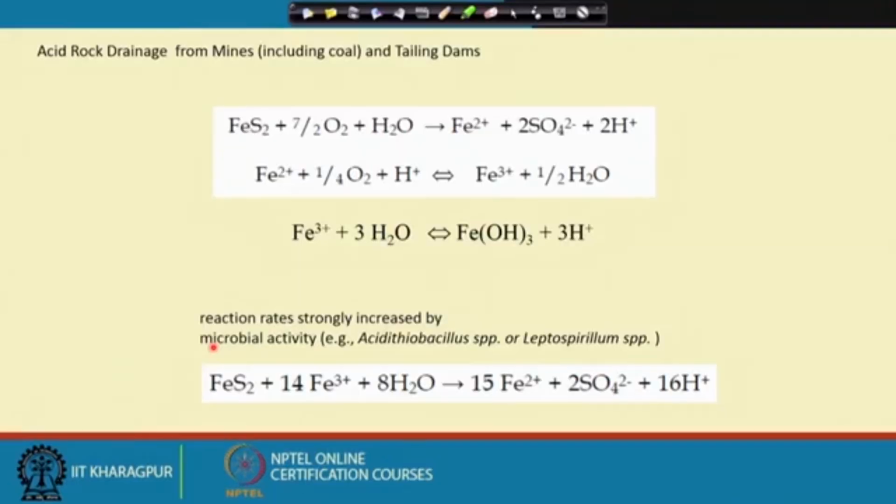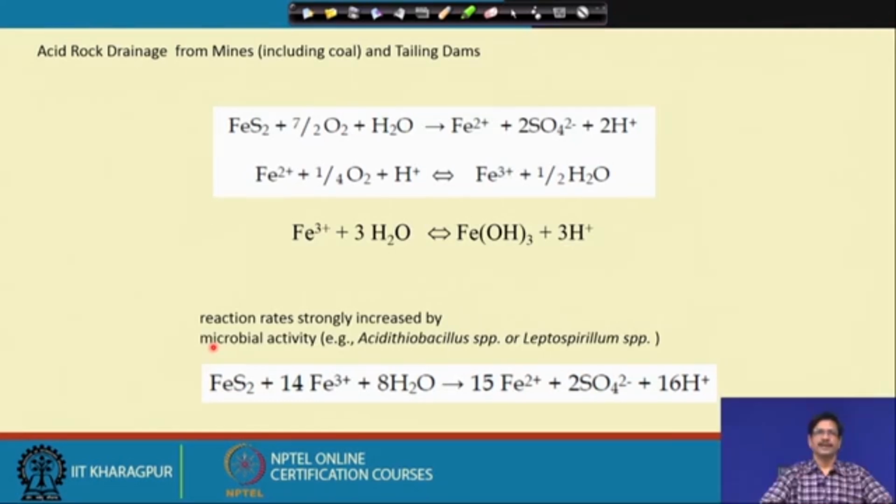In that process, the environment is affected by a process known as acid rock drainage or acid mine drainage.